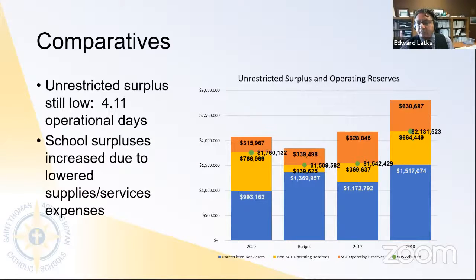And almost doubling from where it was in 2019. On the flip side, school-generated funds, which had represented almost $600,000 in 2019, has significantly dropped. We had consciously, from administration's perspective, talked to schools about why they had surplus funds in their school-generated funds.